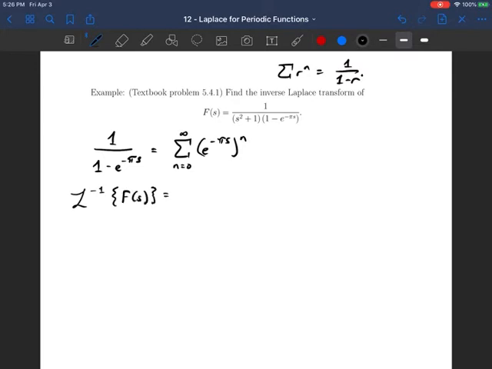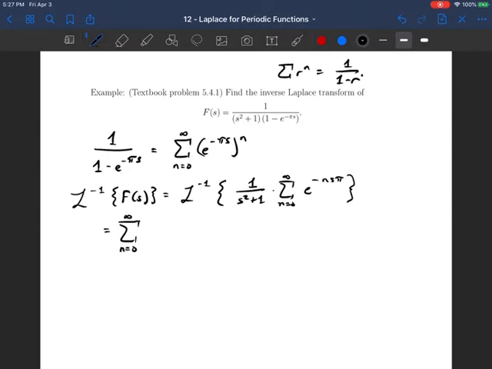Okay, so putting that together with the thing that we started with, the inverse Laplace transform of f of s is equal to the inverse Laplace transform of 1 over s squared plus 1 times the sum from n equals 0 to infinity of e to the minus n pi s.